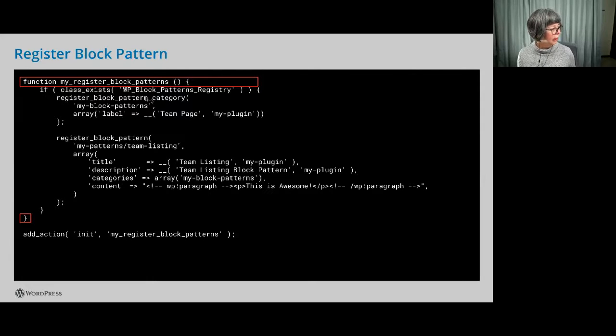But that's also a good idea for future you or future other developers to understand what you were thinking when you created the code. So the first thing that I do inside of this function that's going to register my block pattern category and block pattern is to make sure that this can run. So I'm going to make sure that the class WP Block Patterns Registry actually exists on this site.